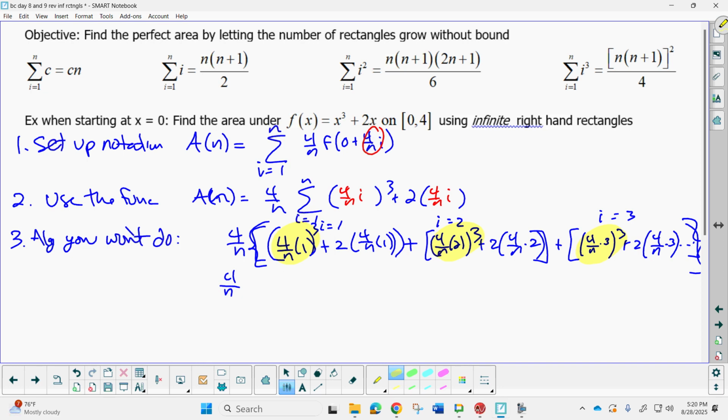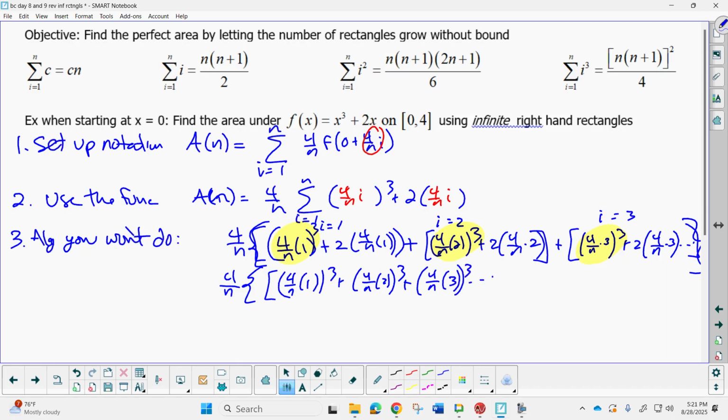So I could easily put all of those together and rearrange them and say I could have 4 over n once cubed plus 4 over n twice cubed plus 4 over n 3 times all cubed, and so on. I could get all those together.